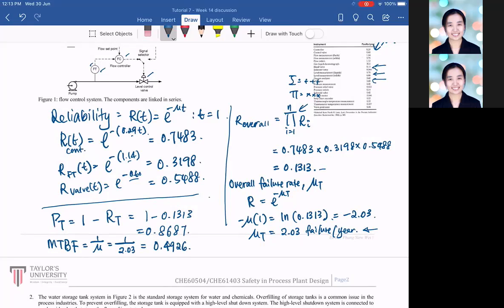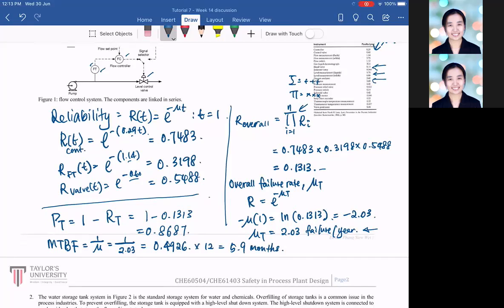So meaning the time between failures is 0.49 years. In other words, if we multiply by 12, we are expecting the system to fail every 5.9 months.